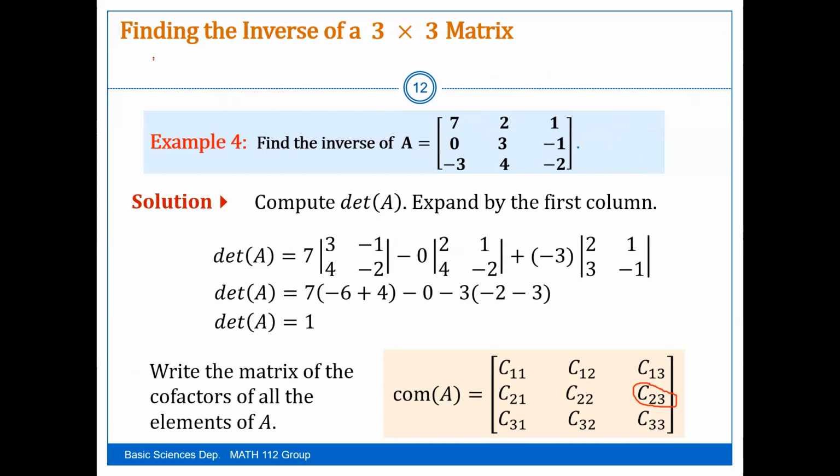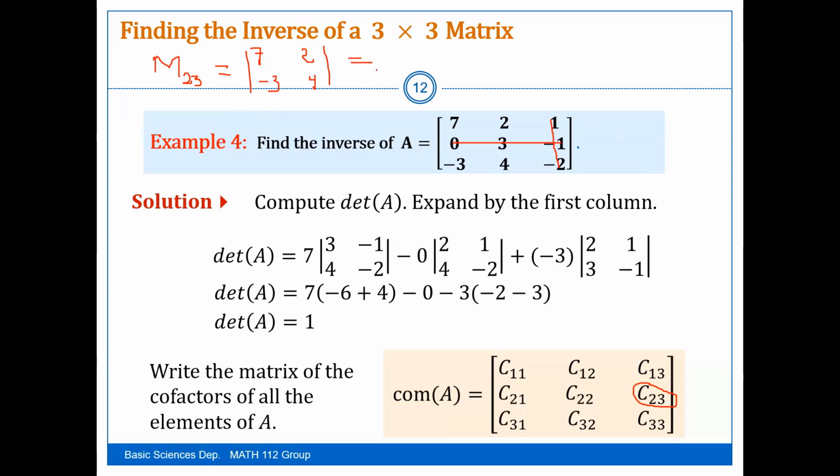To calculate C23, for example, we start by calculating the minor M23. It's the determinant of the matrix obtained by removing row 2 and column 3. So you remove the second row and the third column. What are the remaining elements? 7, 2, -3, 4.